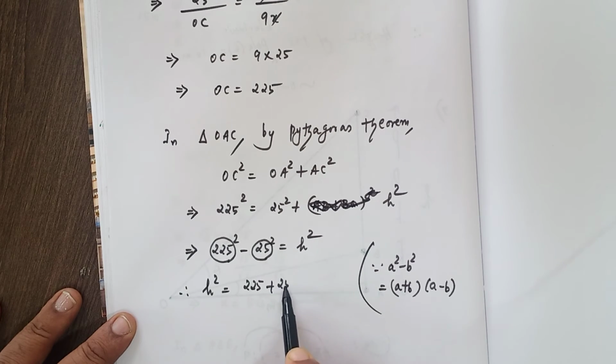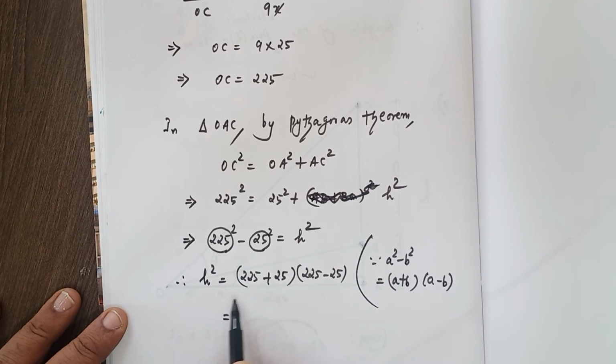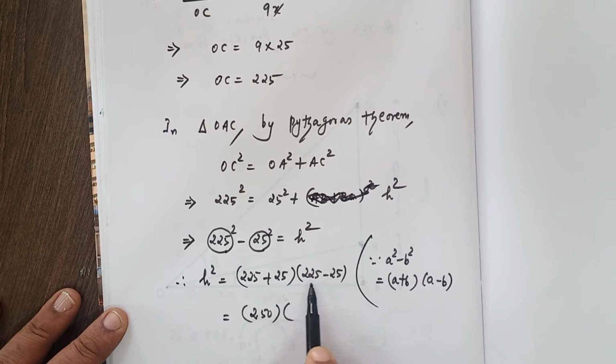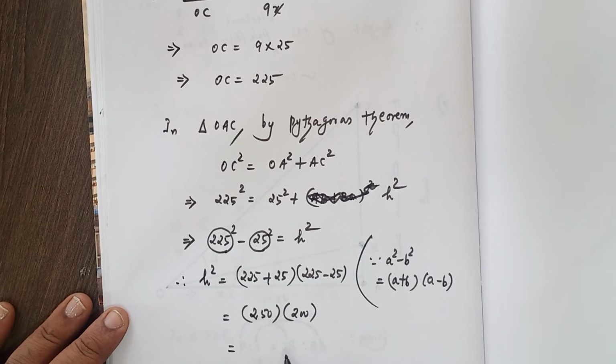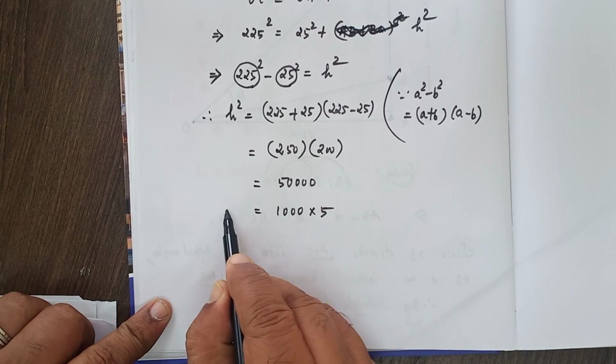a plus b, 225 plus 25, then a minus b, 225 minus 25. If you add you will be getting 250, then you have to subtract 225 minus 25, that is equal to 200. If you multiply you will be getting 50,000, that is 1000 into 5. This is h square.